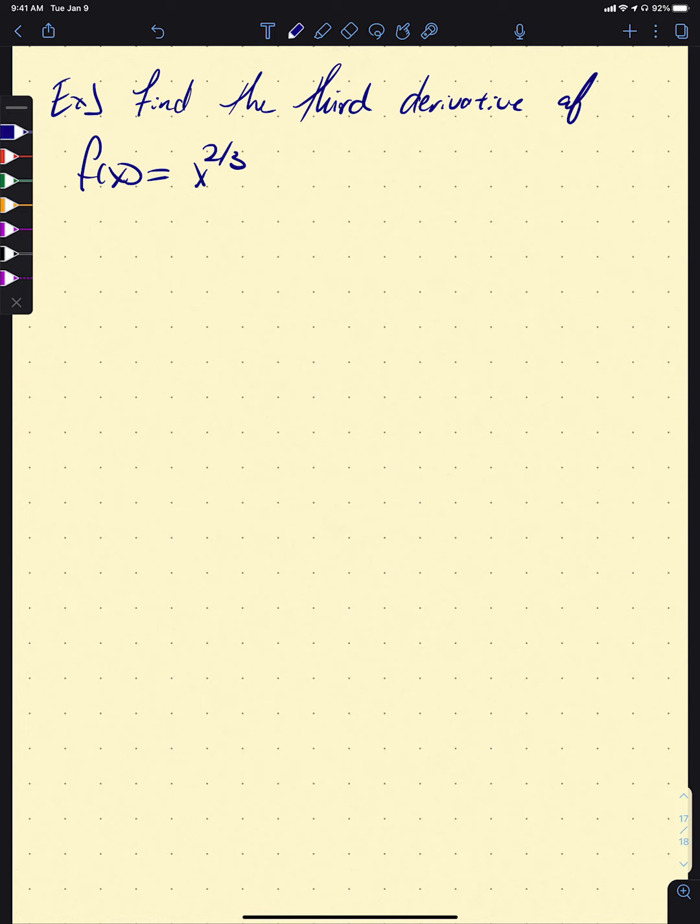We can still use our power rule here. It's a little bit more involved, right? Because things don't quite cancel as easy when you have fractional powers here, but we can still chug along, right? f prime of x, my 2/3 is going to drop down, and we're going to have x to the 2/3 minus 1 for minus 1/3.